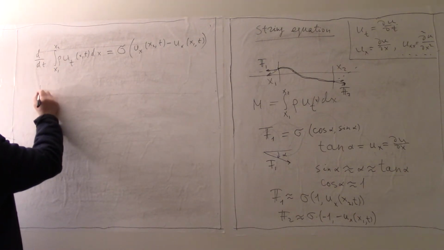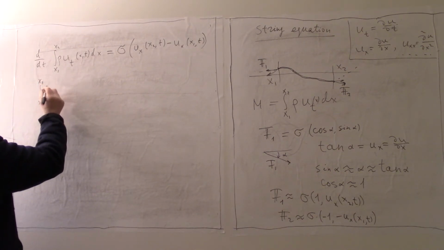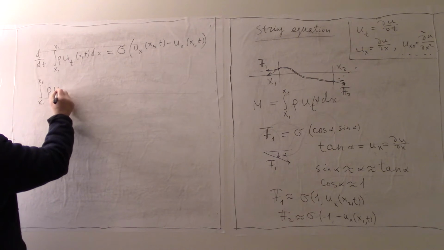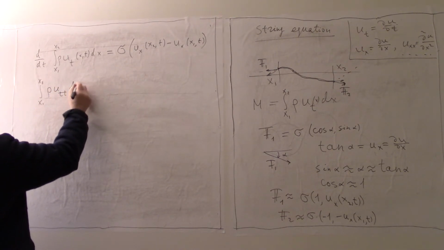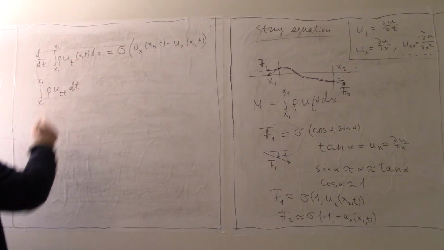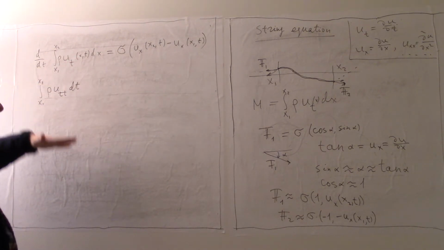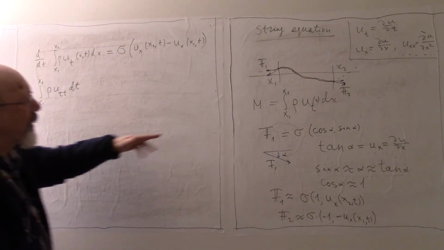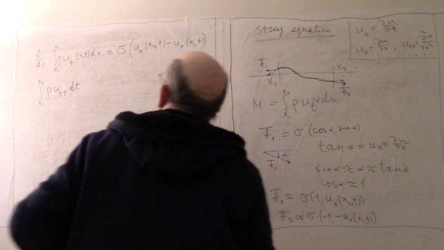So we write the integral from x1 to x2 of rho u_tt dx. It is the time derivative of the momentum of the string between the points x1 and x2.